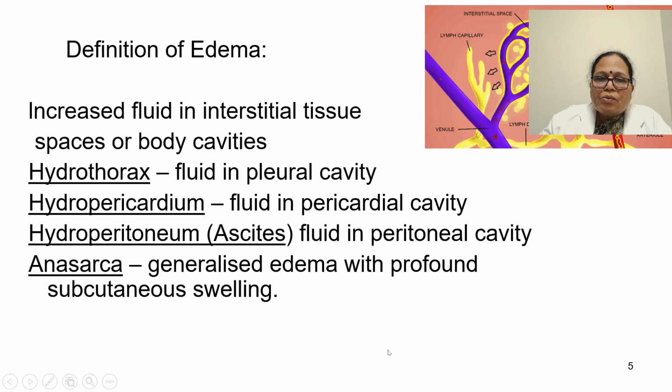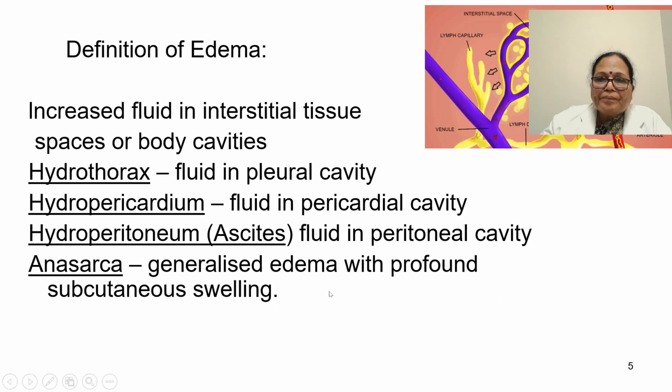What are these body cavities? Hydrothorax, fluid in the pleural cavity; hydropericardium, fluid in the pericardial cavity; hydroperitoneum, which is commonly known as ascites, fluid in the peritoneal cavity. So, pleural, pericardial, and peritoneal cavity. Anasarca is where there is generalized edema with profound subcutaneous swelling.